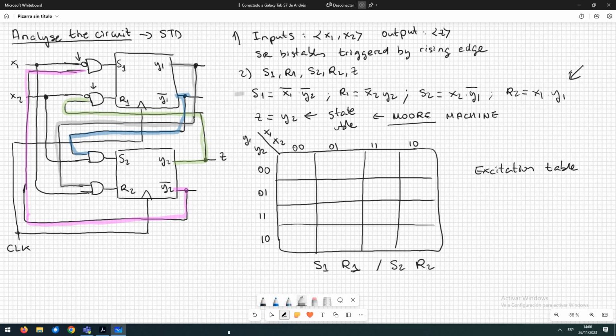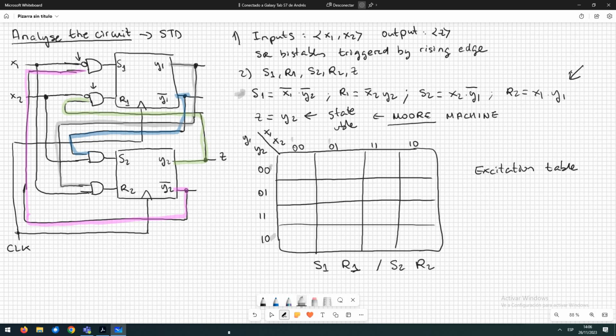In S1, we are going to have ones in the cells for which x1 is 0 because it's negated, and y2 is 0 because it's negated. x1 is 0 here and here, and y2 is 0 here and here.